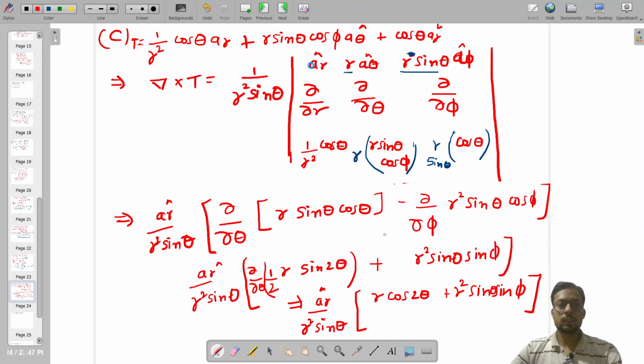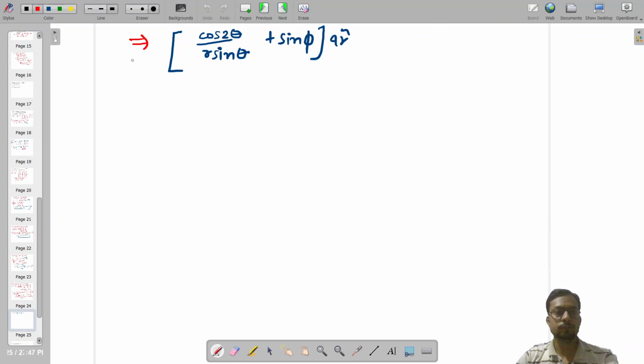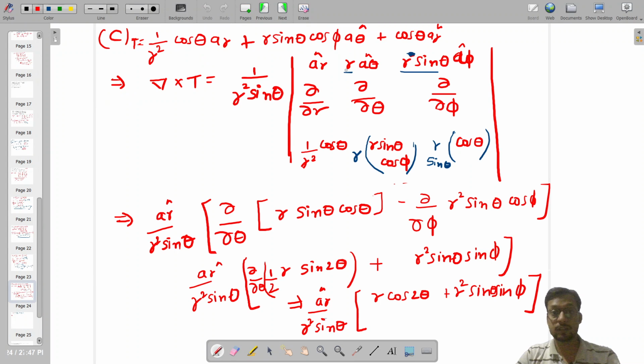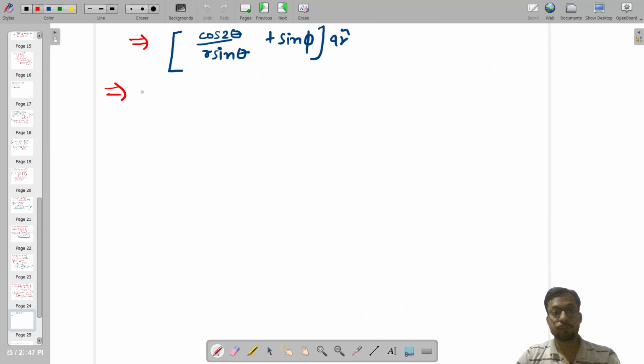Now the second term. For the second term, first writing the scaling factor is very much important, and also the sign of the matrix. So minus r a theta.